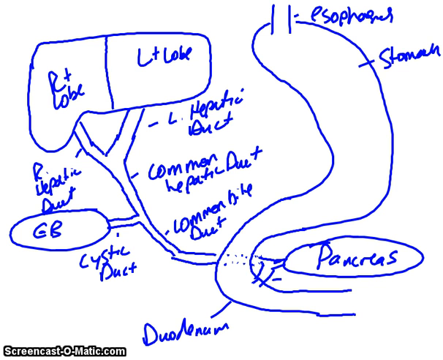And so that is called the ampulla of Vater, or the hepatopancreatic ampulla. And then that duct opens into the duodenum. And that duct is controlled by a circular muscle called the sphincter of Oddi.